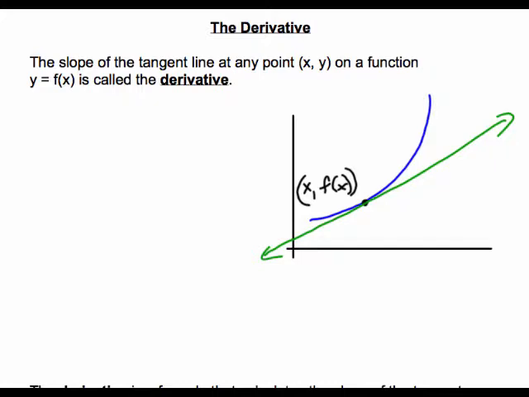Alright, now we know again from past classes that to find the slope at one point we have to begin with taking a slope at 2 points, a secant line. So let's take a point close by, and I'm going to label this point a couple of ways. First of all, I can say that the horizontal distance between these 2 points is h, making this coordinate x plus h.